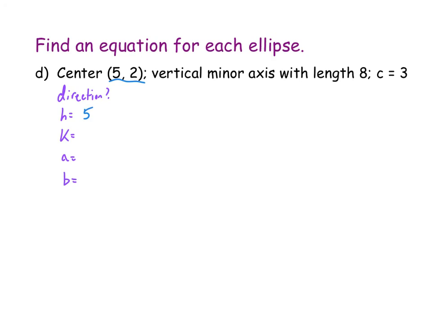So 5 and 2. Now the directions, this is the minor axis they're talking about now. So flipping back real quick. That we need to use.